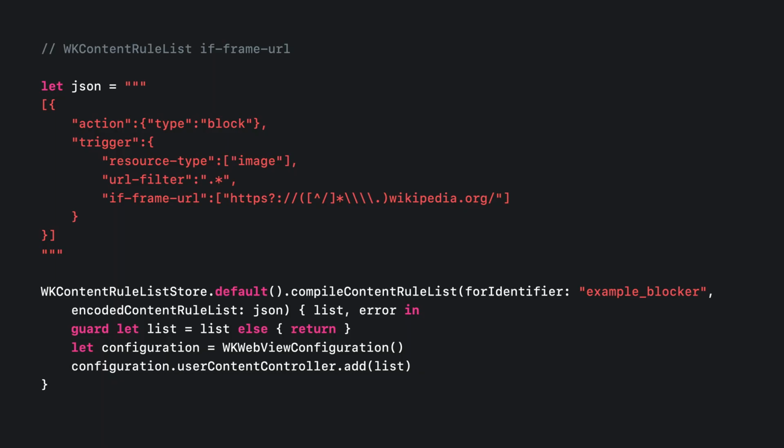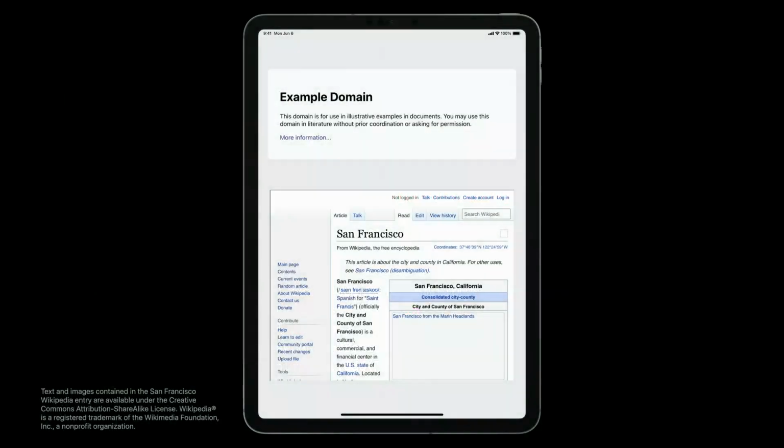To do this, we add if-frame-url to the JSON like this. You then compile the JSON as you have before and apply it to a WKWebView configuration. The regular expression then runs on the URL of the frame that is making the request. This blocking rule will now only apply to requests from frames that match the if-frame-url regular expression.